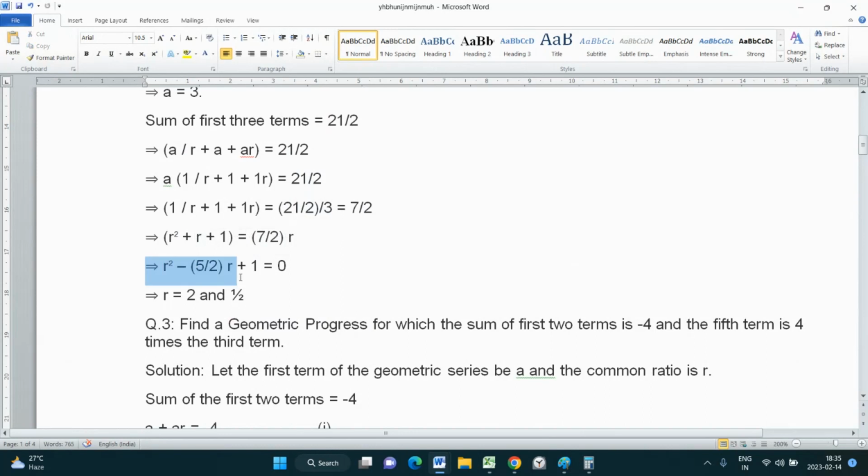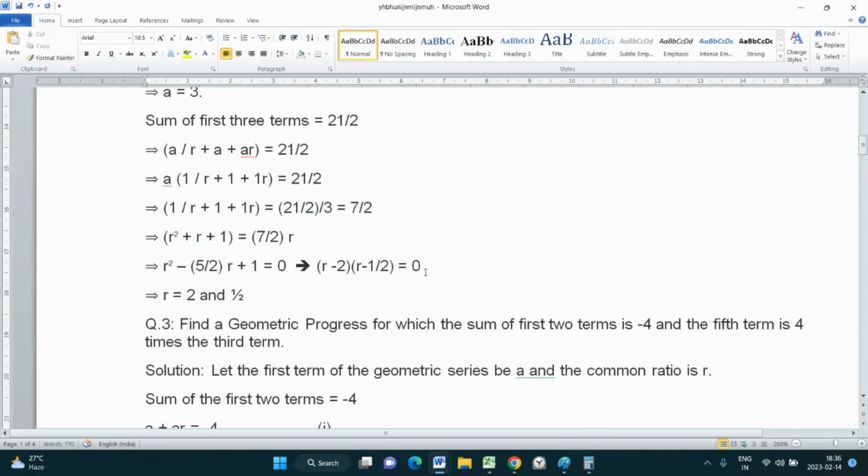When they factorize this, r minus 2 into r minus 1 by 2 is equal to 0 will have come there, which is nothing but r minus 2 into r minus 1 by 2 is equal to 0.